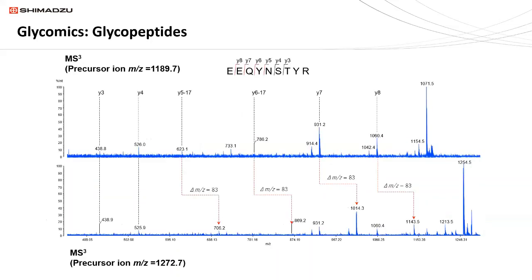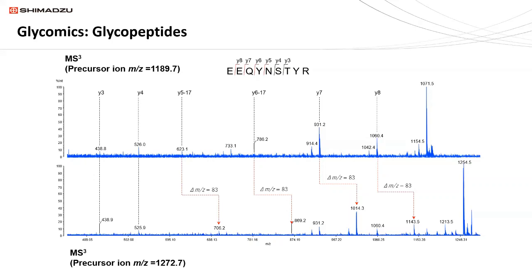And so when we compare the MS3 spectra from these two, first we have the precursor of the peptide backbone, which is 1189.7 at the top. And so that gives us the fragmentation in the Y ions from the peptide sequence. And then when we look at the MS3 spectra for 1272, which has that fragment of the N-acetylhexosamine, what we notice is we first start to see that we have some peaks that are similar, but then we begin to notice that there's a shift of 83 Daltons.